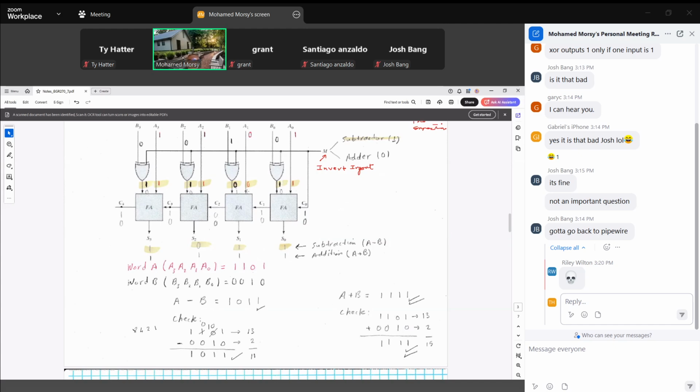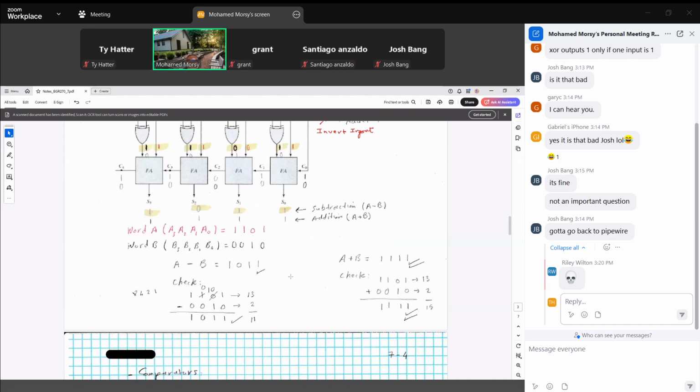0 plus 1, this 0 plus this 1 is 1, plus 0 is 1 with carry 0. 1 plus 0 is 1, plus 0 is 1 here, with carry 0. And then 1 plus 0 is 1, plus 0 is 1, plus carry 0.